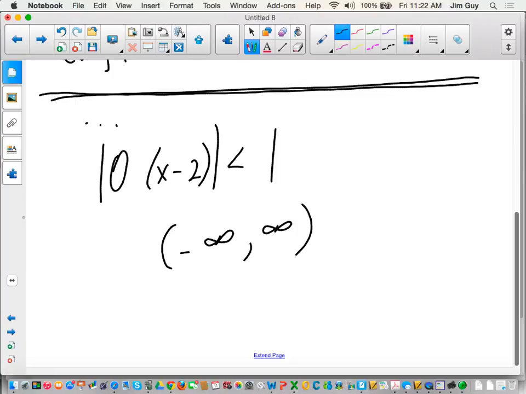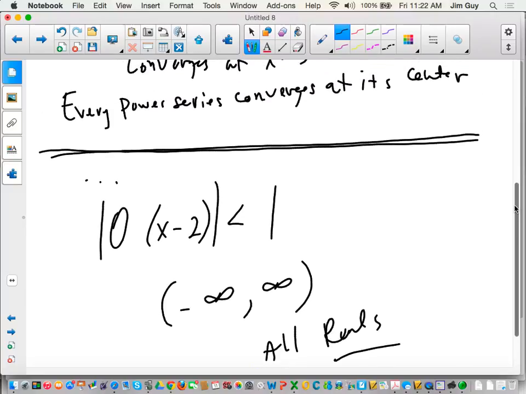Infinity would never be square, because you can never equal that number. So this is all reals. So that's nice. Do you have to check the endpoints? No, you don't have to check the endpoints here. That's great. I love these. So, if it's geometric, wonderful. If it ends up here, that saves you time. If not, you're in for the long haul, going through all the work and making sure it works out.